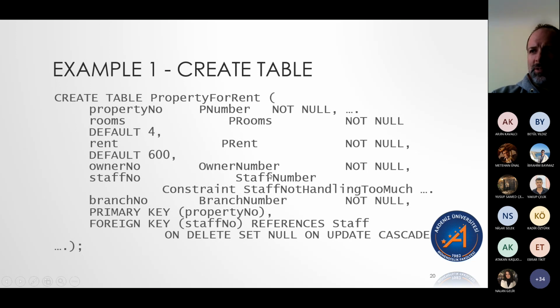Owner number is who is the owner. Staff number, staff. All right, and branch number. So this is the property that's being managed by which staff, is owned by which owner that we're storing in the owner table, right? And which branch is overseeing it. All right, so notice that for staff number, we don't have a not null constraint.